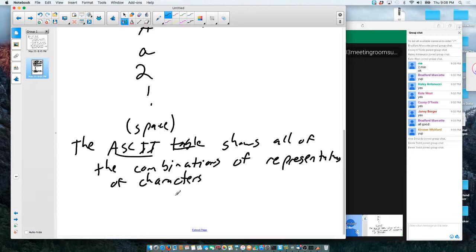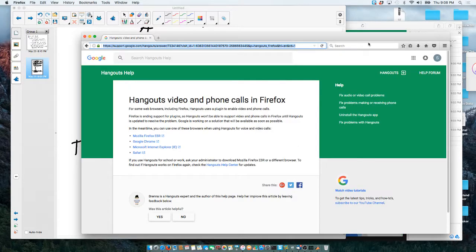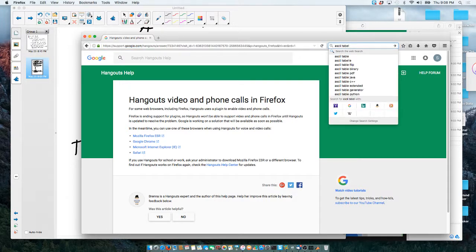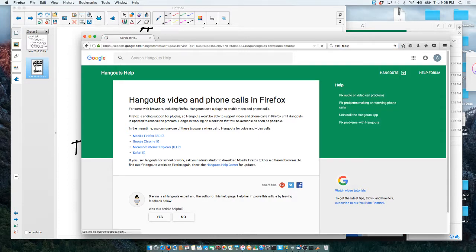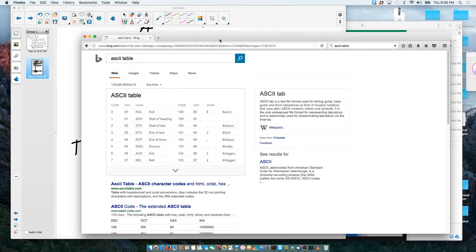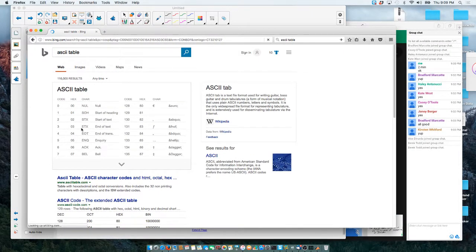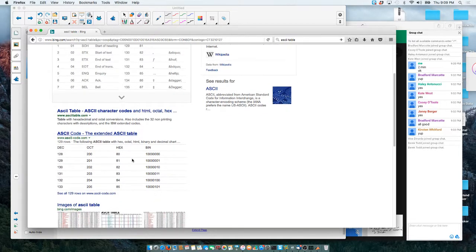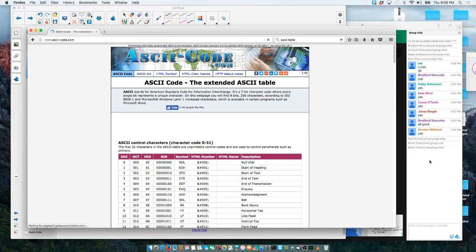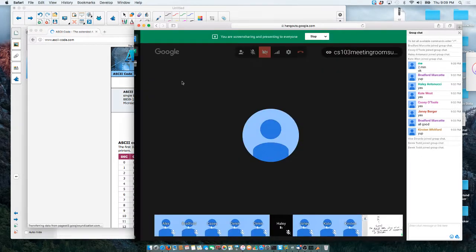So let's see if this works. If you just type into a search engine ASCII table, you'll get a whole bunch of results. I'm going to try to share one with you here. We'll see how this works. Screen share.